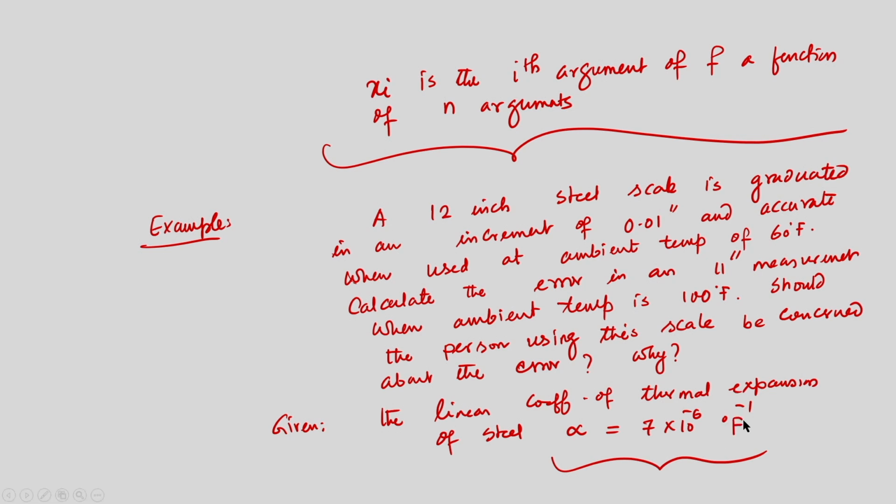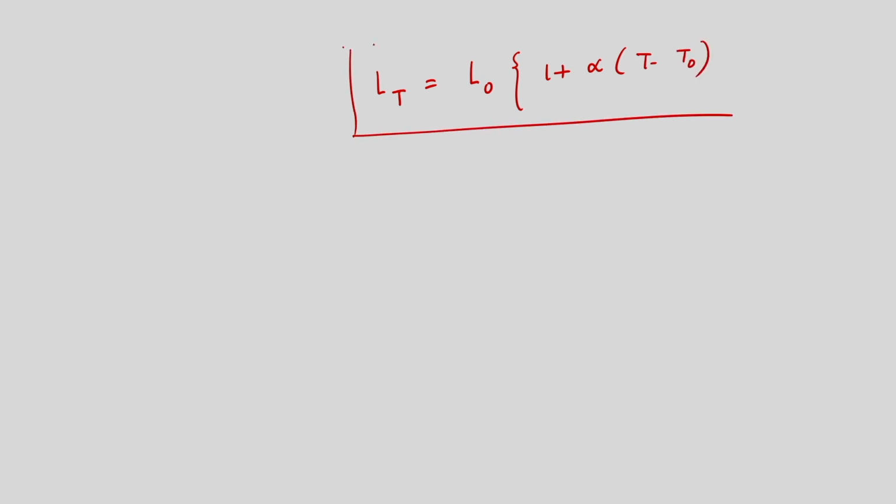So, if we work out this problem, we can write, as we have studied in our 10+2 physics, that L_T will be equal to L naught into 1 plus alpha into T minus T naught.